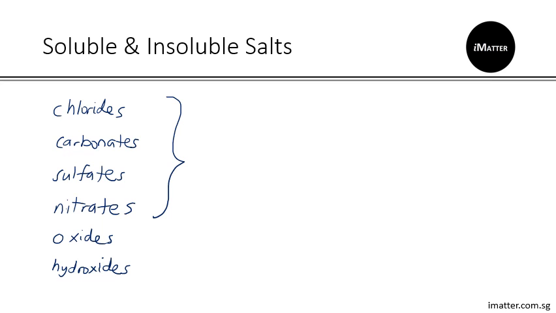Now, I don't really have an acronym or a shortcut for you to remember which are the soluble and which are the insoluble salts. Perhaps the only one I ever came across is this: all SPA salts are soluble.